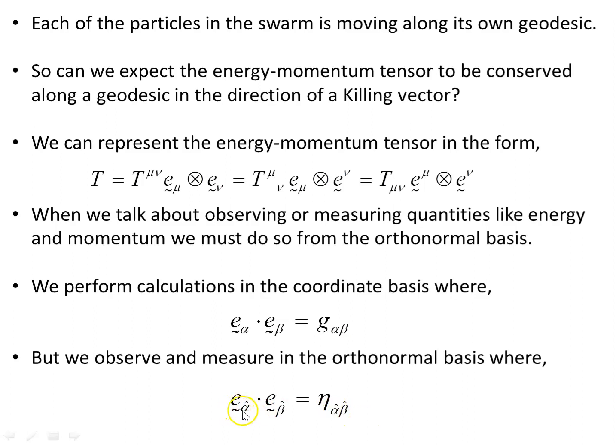The scalar product of the basis vectors in an orthonormal basis system gives us this relationship here. They're of unit length and orthogonal. And so the inner product gives us the flat Minkowski space metric. And that's the difference between the coordinate basis here and the orthonormal basis.